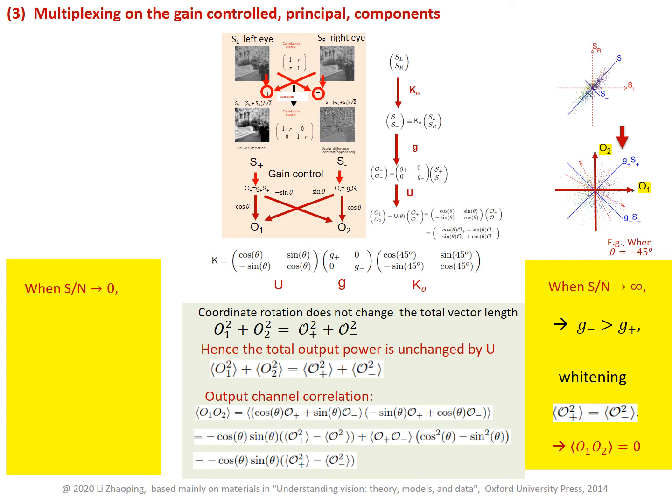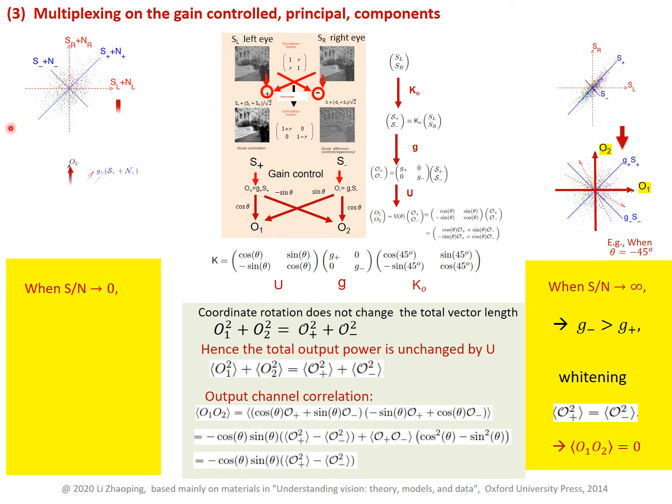Now let's look at the case when the noise is very large. Recall that in this situation, the distribution of signal plus noise is a near spherical distribution with a slightly larger variance along the binocular summation direction.